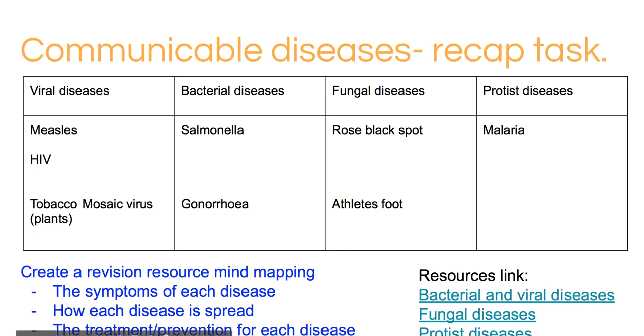And you have over here some links to resources to help you do this. So pause, make your revision resource mind map, about 15 minutes, and then start the video again.